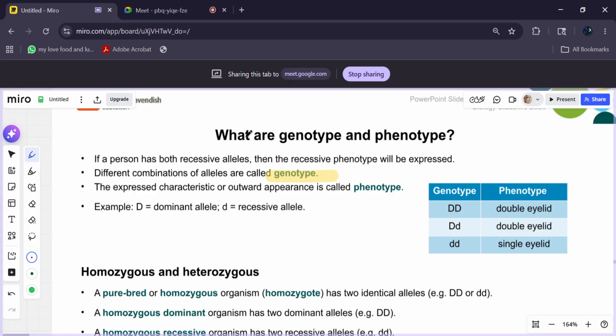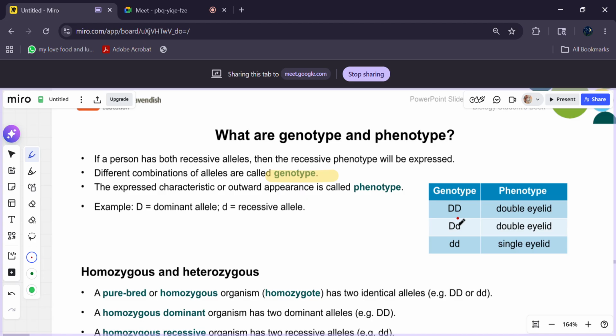When a person has a coding for a specific characteristic, we have genotypes that can explain which is expressed in the body. For example, let's say a person has a chance of getting a double eyelid.